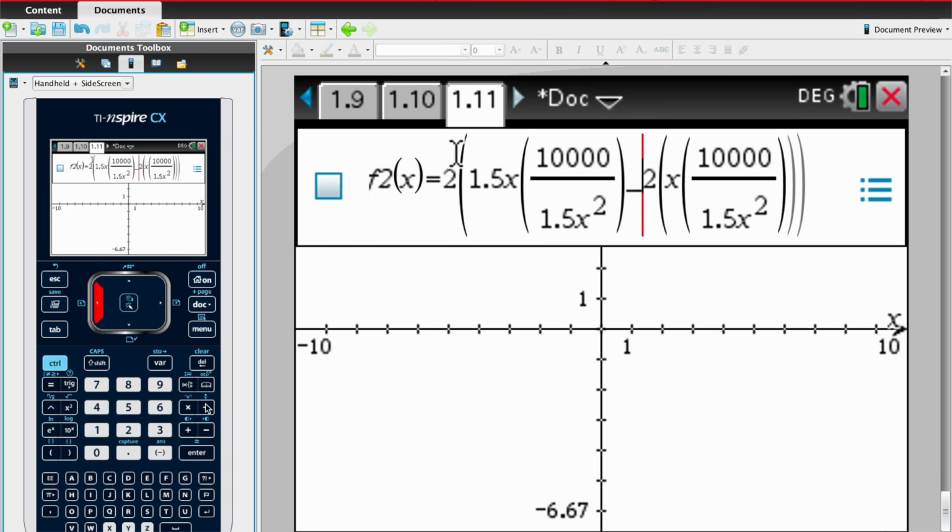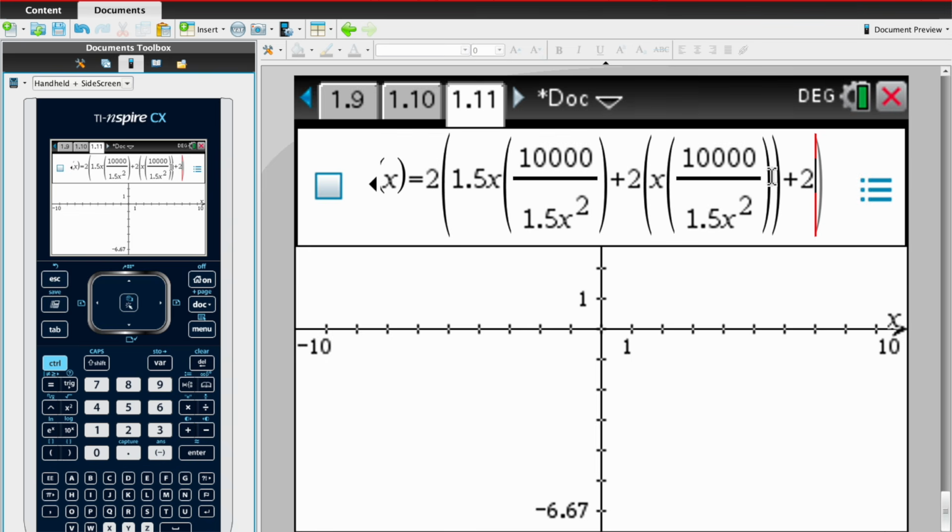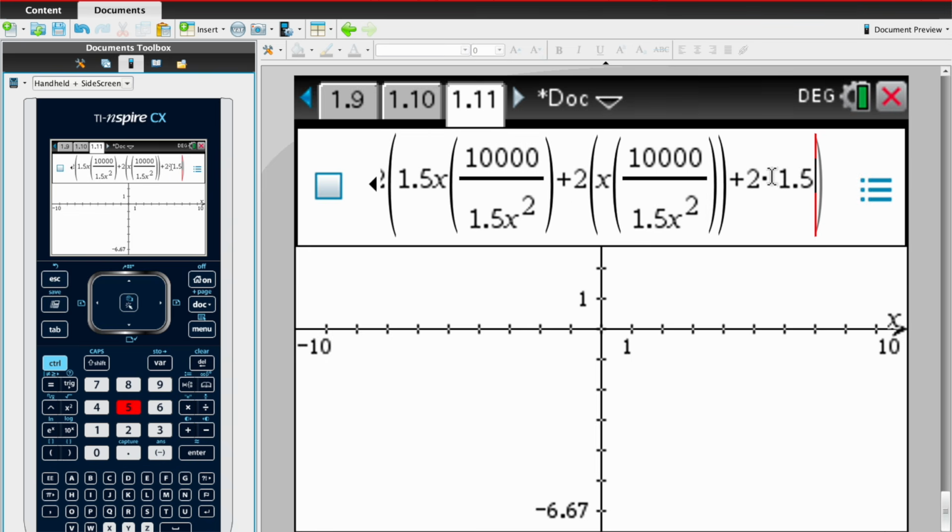I think we need a plus here actually, there we go. 2 times 1.5x, 10,000, 1.5x squared, 2 times x, 1.5x squared. This looks good so far. And then lastly, plus 2 times 1.5x squared.